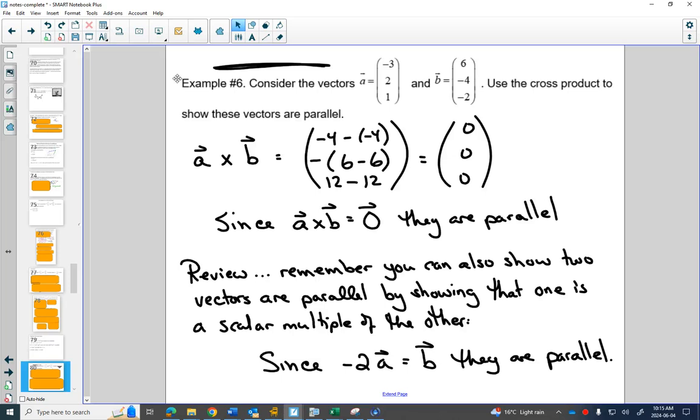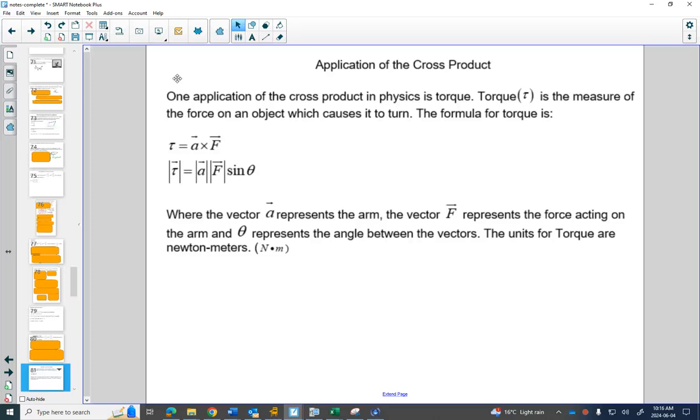And our last main application of the cross product is to physics and to torque. So you probably had a torque formula in physics, and the torque formula is just the cross product of the force applied and the vector coming off of the object that you're applying force to.